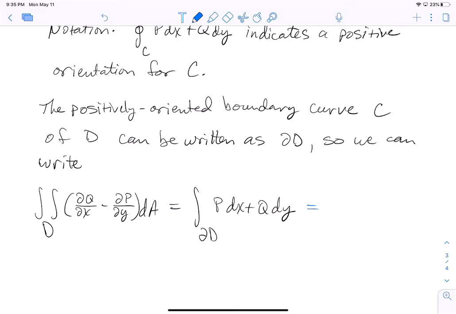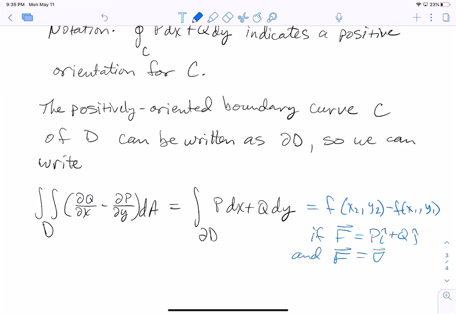And just to really bring this home and connect it with the previous section, this equals f(x2, y2) minus f(x1, y1) if we have a vector field F, which is given by Pi plus Qj, and the vector field is the gradient of a function f.